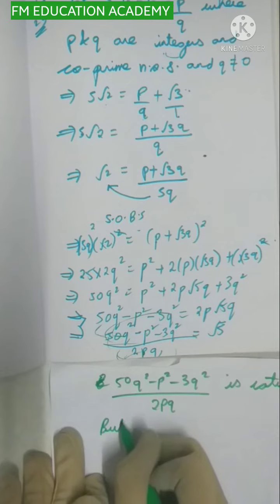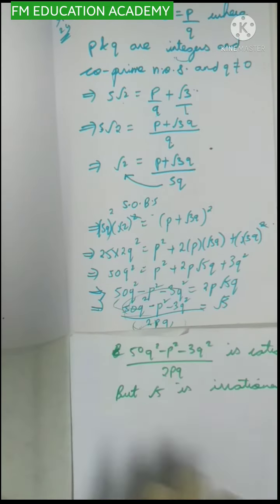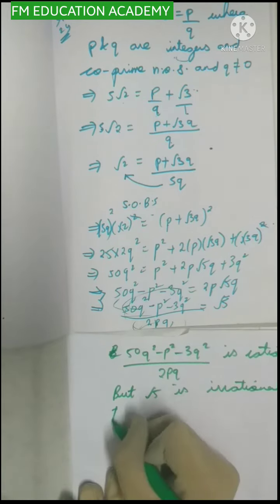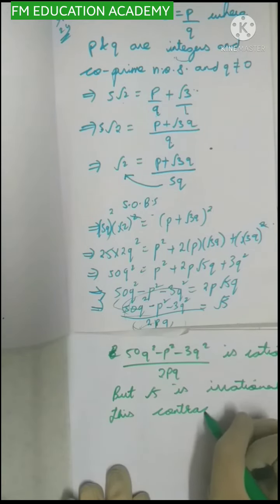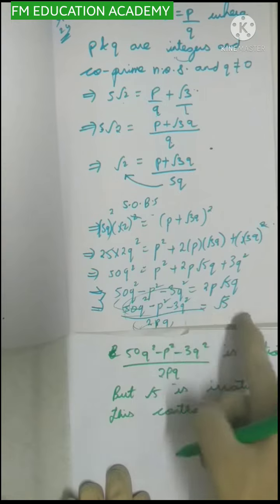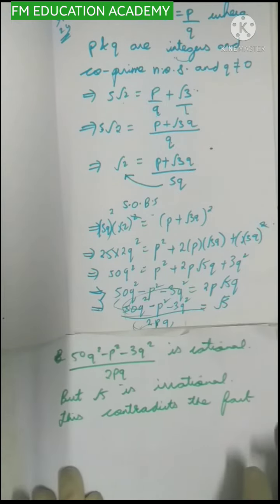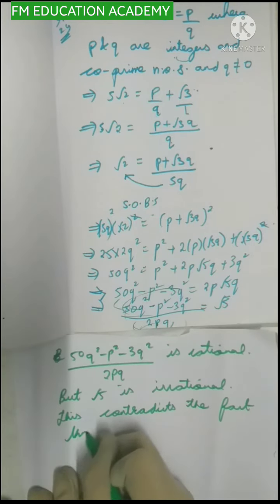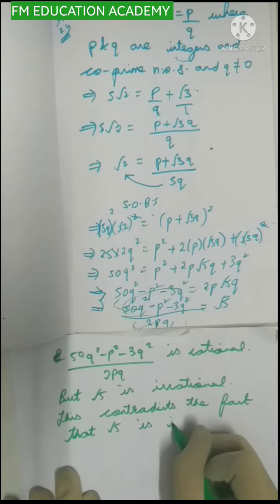So we can write, but root 3 is irrational. Hence this contradicts the fact that root 3 is irrational. Why is it contradicting? Because how can a rational number become equal to an irrational number? So this contradicts the fact that root 3 is irrational.